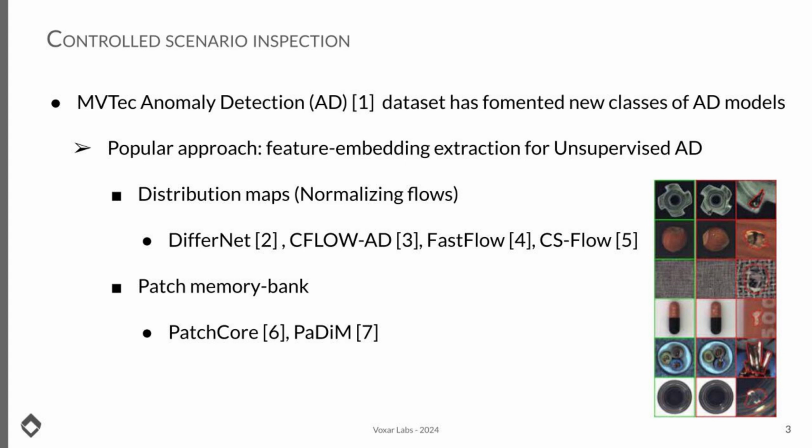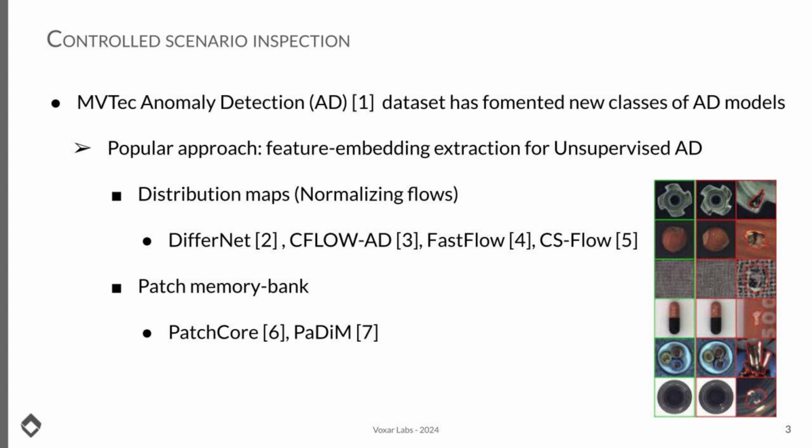So when considering industrial inspection in control scenarios, we had the advent of the MVTec Anomaly detection dataset in the past few years, which fomented many new classes of anomaly detection models. A popular approach to deal with this dataset is to use feature embedding extraction for unsupervised anomaly detection. Two ways to benefit from these feature embeddings are using distribution maps or normalizing flows, or memory bank of patches.